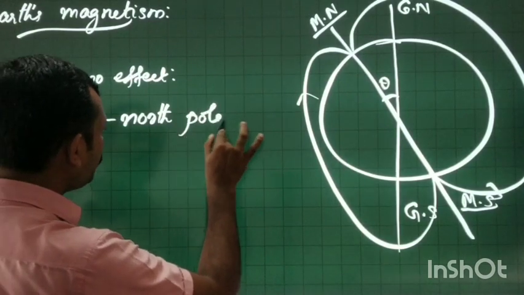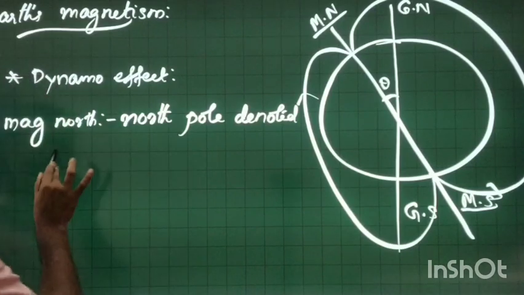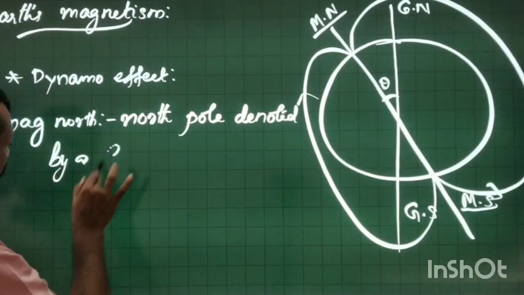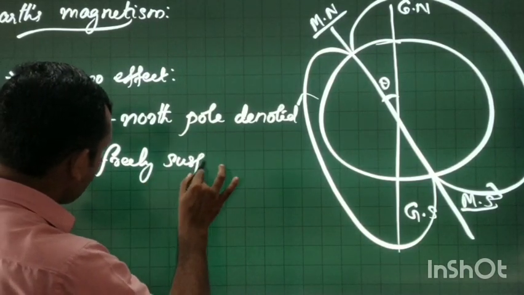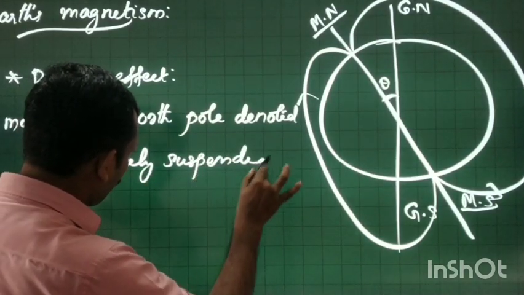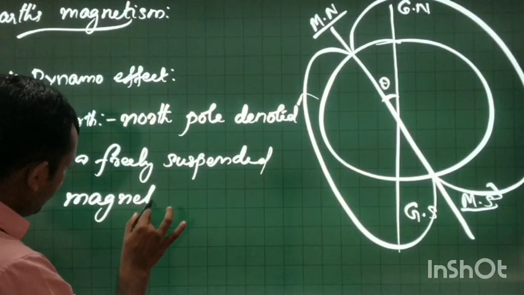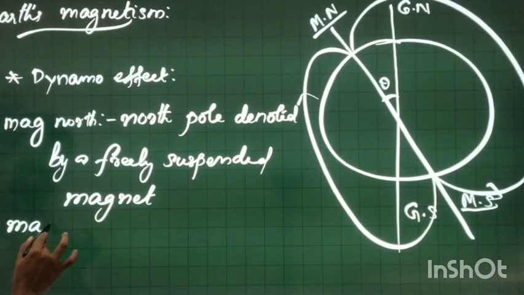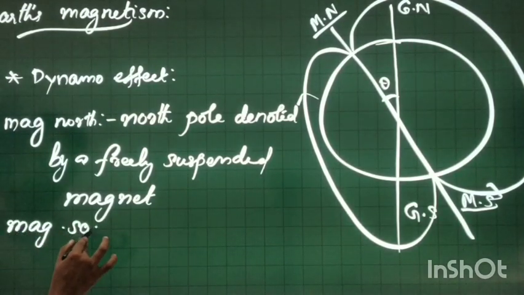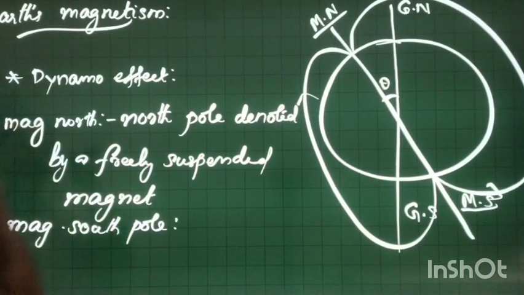denoted by a freely suspended magnet. Then what is the magnetic south pole? This is the convention for dividing the magnetic north pole and magnetic south pole.